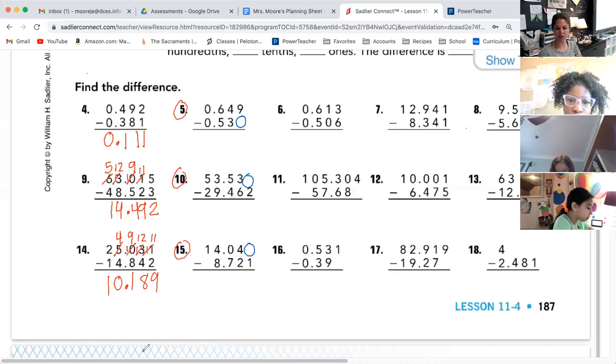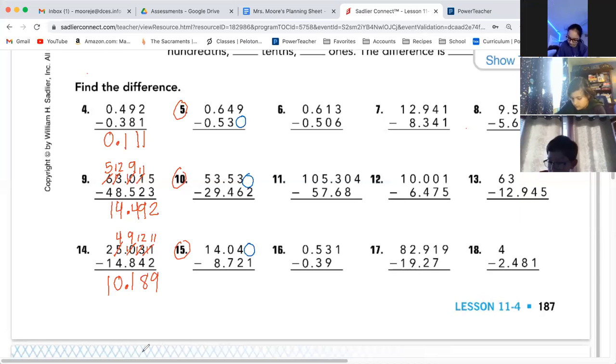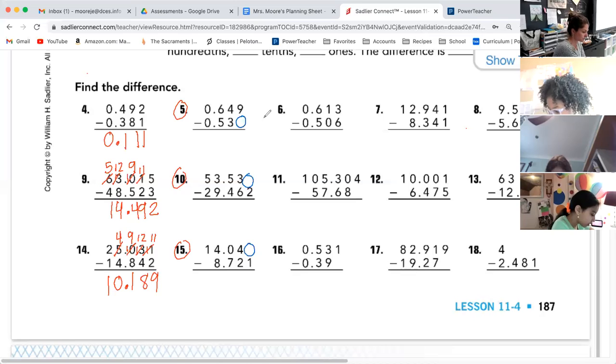Now that we have the placeholder zeros in position, now go ahead and do the subtraction. Wow, that was a lot of regrouping for number 10.